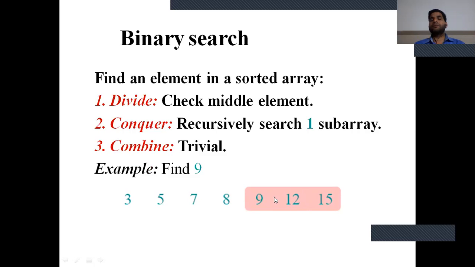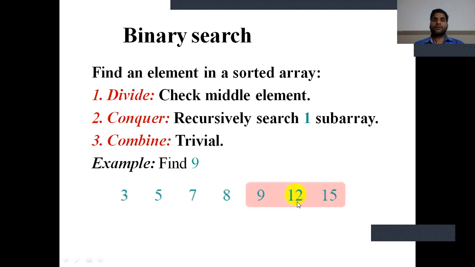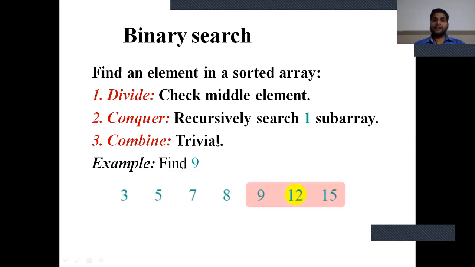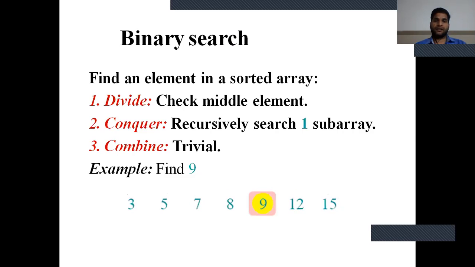So in the division of this subproblem, left is 9, right is 15, and mid is 12. 9 is smaller than 12, so go to the left subproblem. The left subproblem is equal to 9, so we find the element 9 in the binary search.